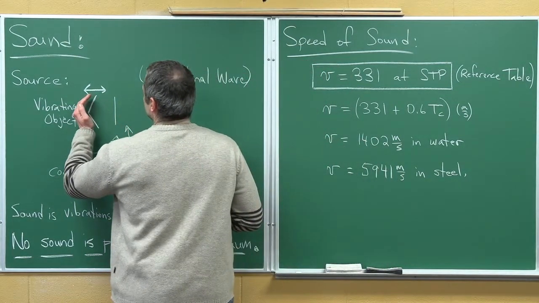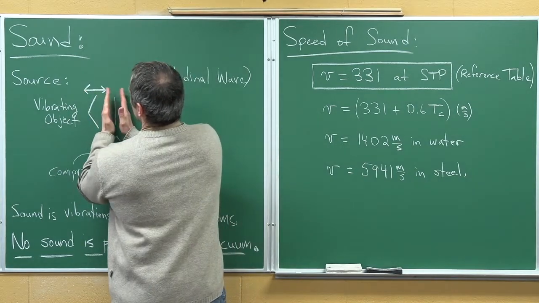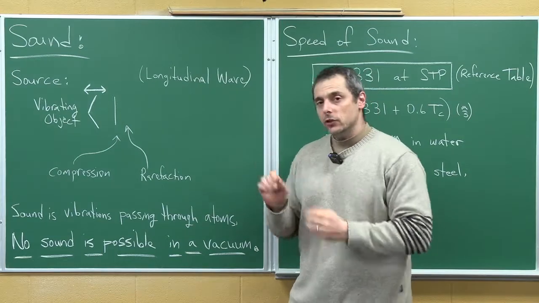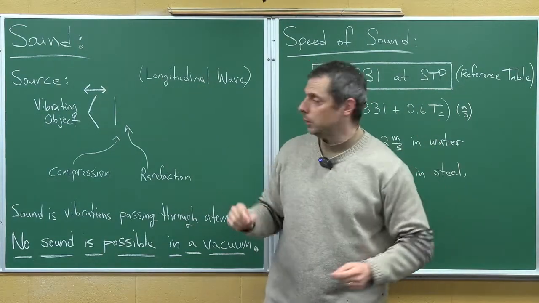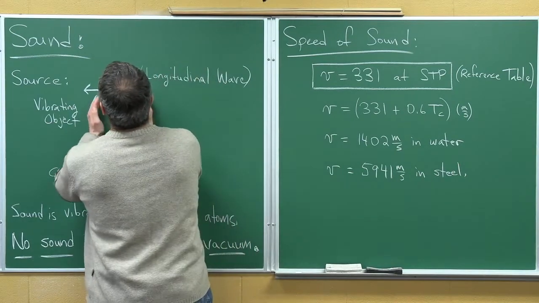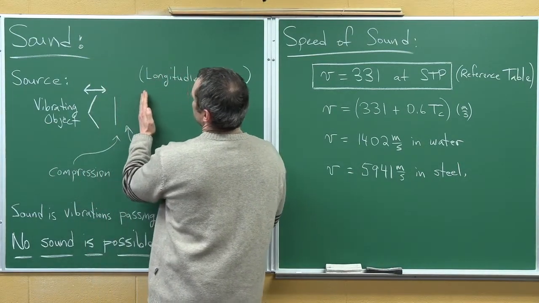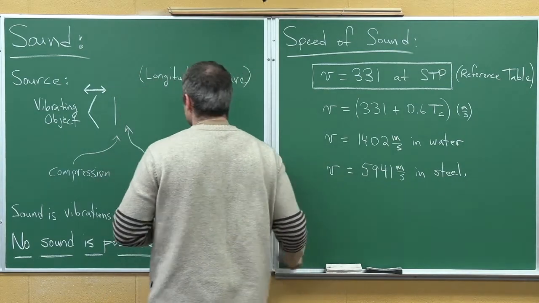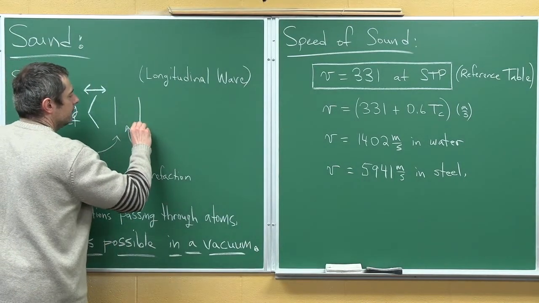But that speaker doesn't just lunge forward once. It lunges forward, and this compressed air, like all compressed air, will not stay in that region. Just like if you have a balloon with compressed air and you poke it with a pin, it explodes out. So this is going to explode out, and that explosion will advance and compress the next layer of air over here. That popping out compressed the next layer.